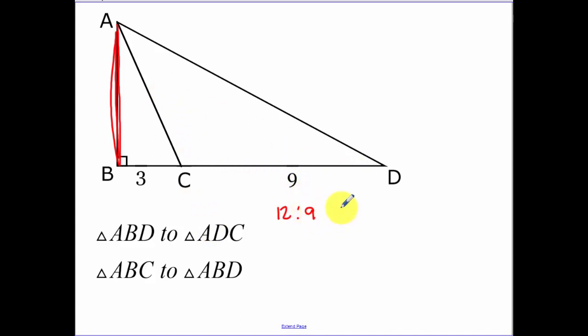I reduced that ratio to 4 to 3. Now ABC to ABD. So the smaller triangle in here, ABC to ABD. Again, they share the same common height, so it's going to be the ratio of the bases. BC is our base, so that's 3 to the whole base, which is 12. Reducing that, that's 1 to 4.